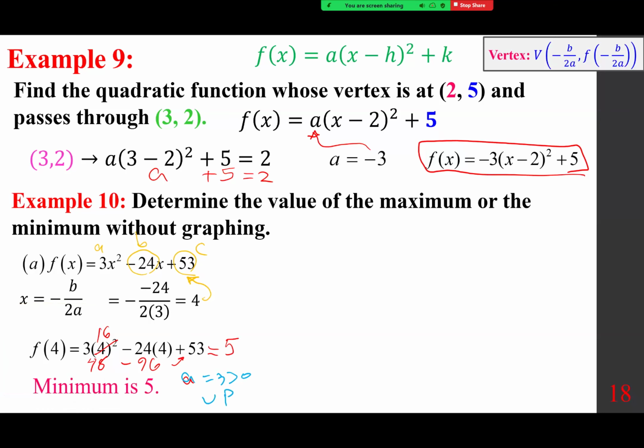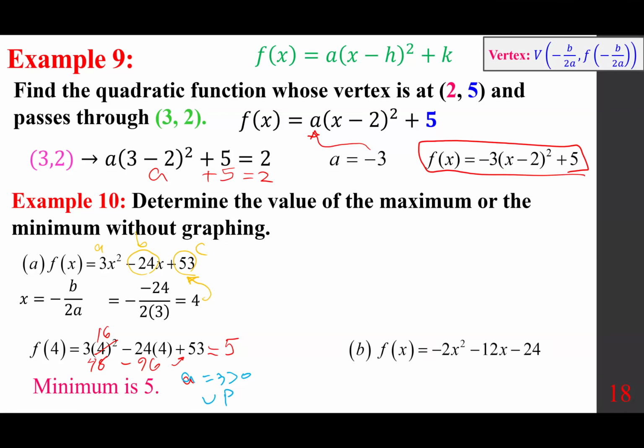A is positive 3, and it opens up. Therefore, it's clear that we have the minimum equal to 5.